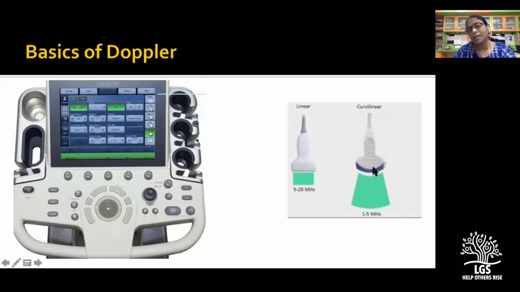One, this is the curvilinear low frequency transducer, which is mainly used in postoperative Doppler. This is because low frequency transducers allow for increased depth of penetration, whereas the linear high frequency transducer is used in intraoperative Doppler because we are placing the transducer directly over the surface of the liver and we don't need increased depth of penetration.